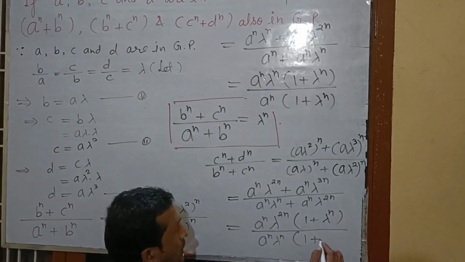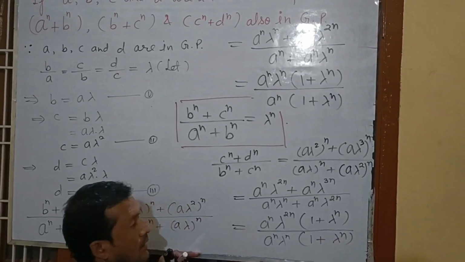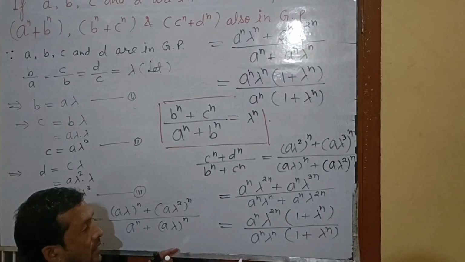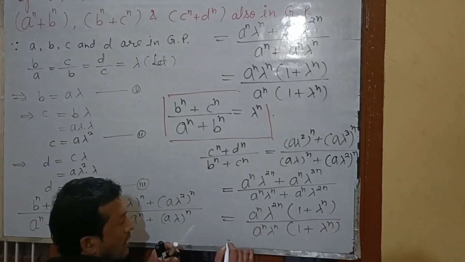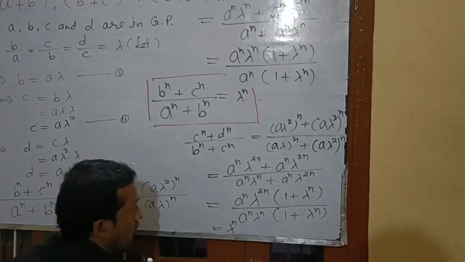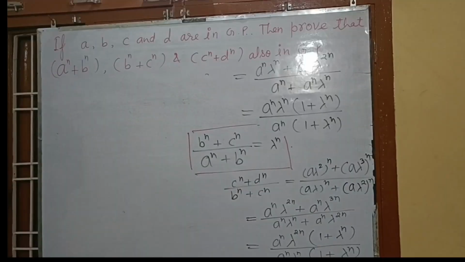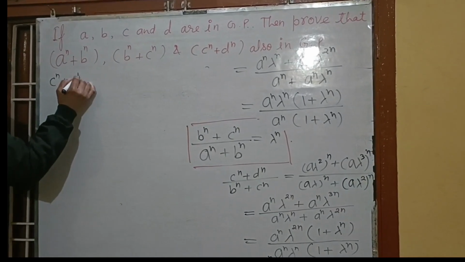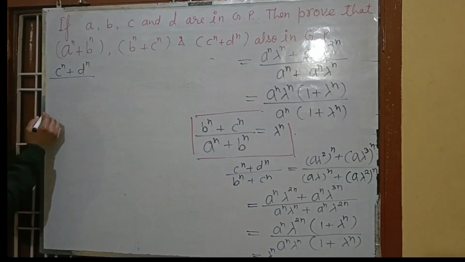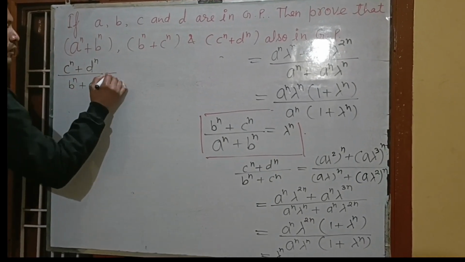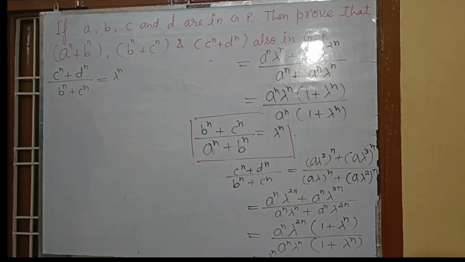Here remains 1 plus lambda to the power n; in the denominator A to the power n and lambda to the power n are common, remains 1 plus lambda to the power n. The 1 plus lambda to the power n cancel out, A to the power n cancels out. So the value of C to the power n plus D to the power n upon B to the power n plus C to the power n equals lambda to the power n.